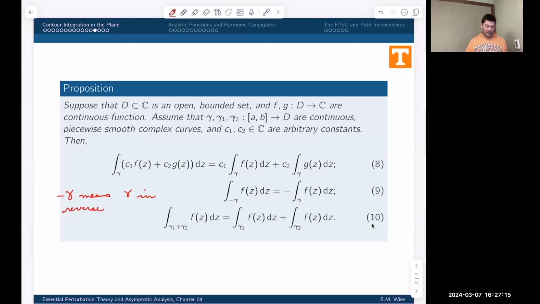So if a contour is from a to b into C, then the way you're going to run the minus contour, well, you can define it like this. We want to start at b, right? And we want to end at a. So minus a contour is going to run things in reverse.